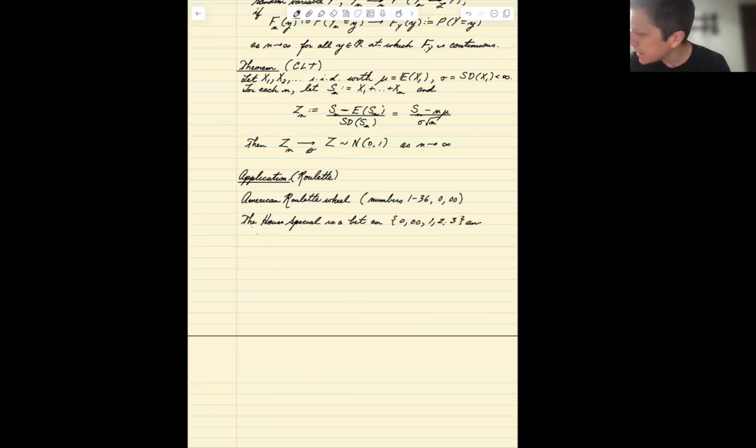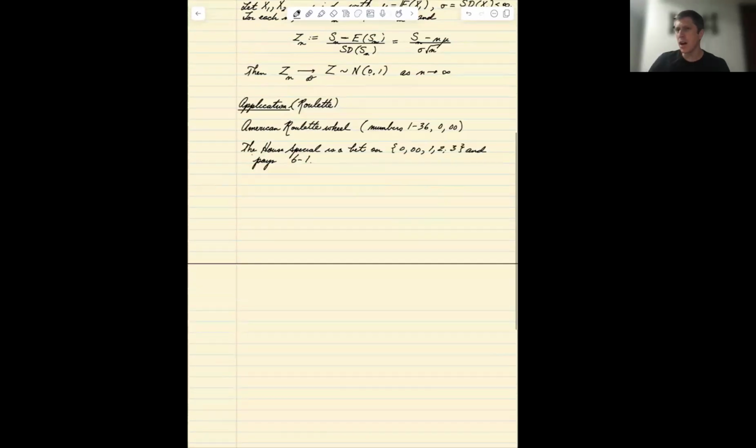And it pays 6 to 1. So if you put up $1 and it hits, you get your original dollar back plus $6. You profit $6.